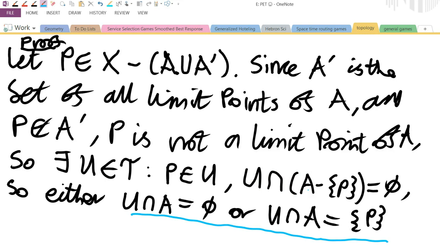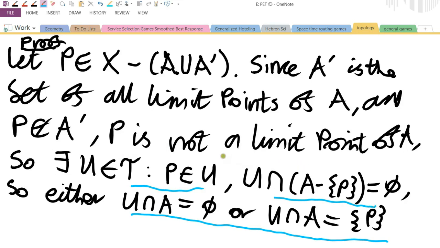Well, the reason is that if there was no open set like this, then it must have been the case that every single open set which contains P would have to intersect with some point of A other than P. And if that was true, then P would be a limit point of the set A. But we just showed that P is not a limit point of A, so there must exist one of these special open sets which keeps itself to itself and doesn't intersect with A, or at least if it does, it only touches the point P. So we know that either this condition here must hold or this condition here must hold.